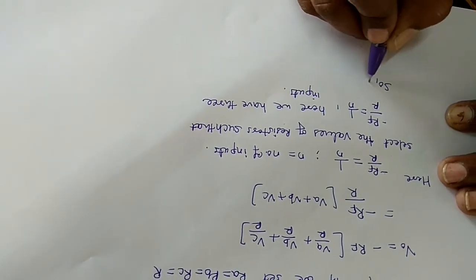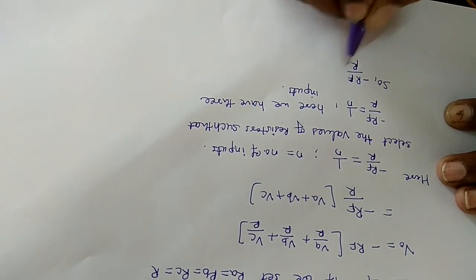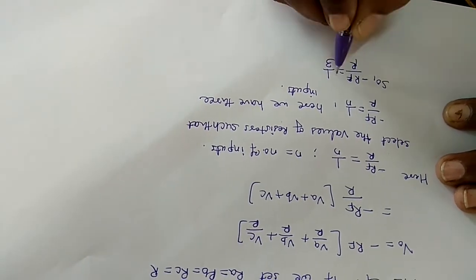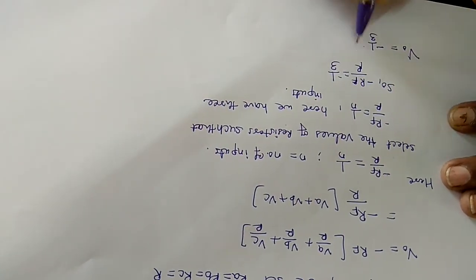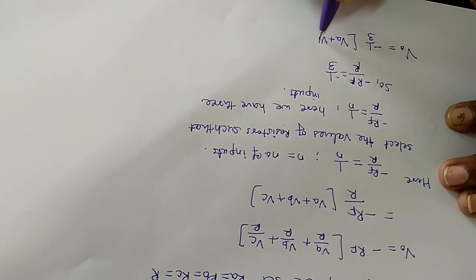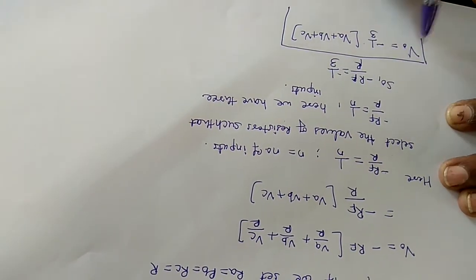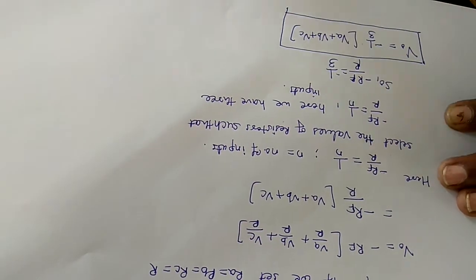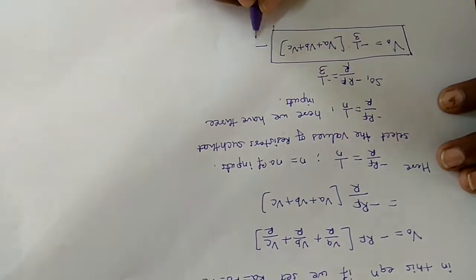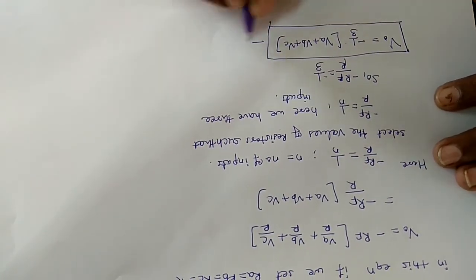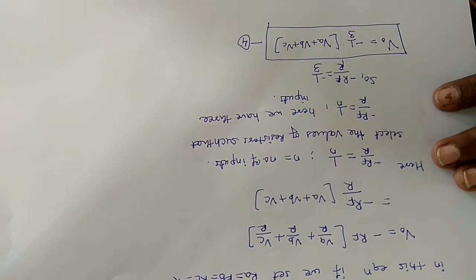So we can set minus RF by R is equal to 1 by 3, and your output can be written as minus 1 by 3 into VA plus VB plus VC. This is the averaging function we obtained here. So an inverting operational amplifier can be designed as an averaging amplifier. Put this as equation number 4.